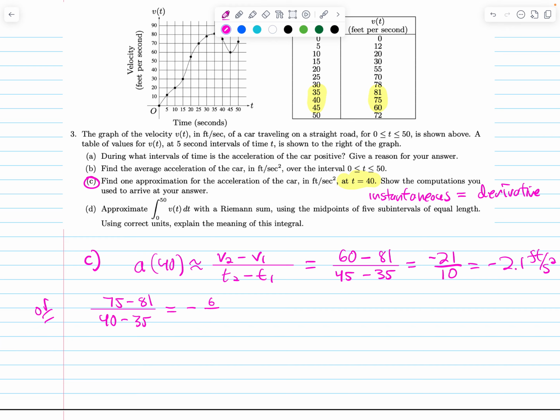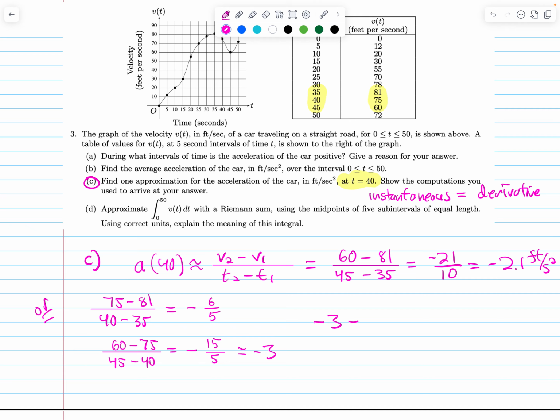This gets you negative 6/5. Then we find the slope again, but now we do it from 40 to 45, which is 45 minus 40 on the bottom, 60 minus 75 on the top. And that gets me negative 15 over 5, or negative 3.